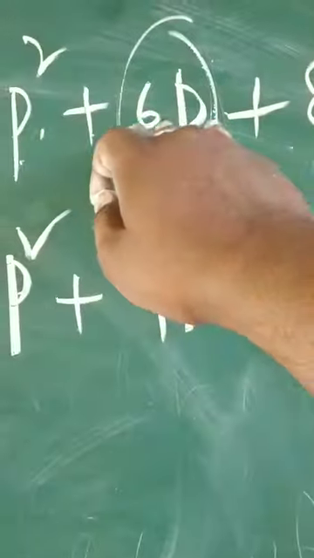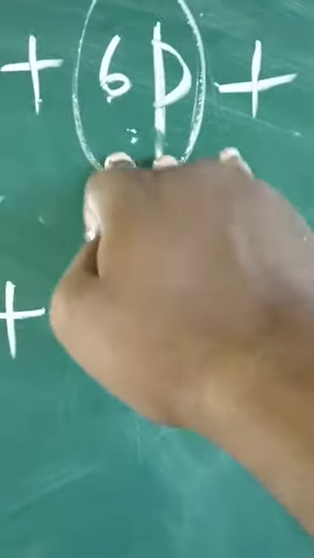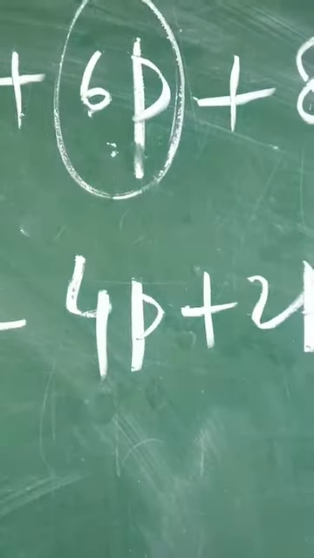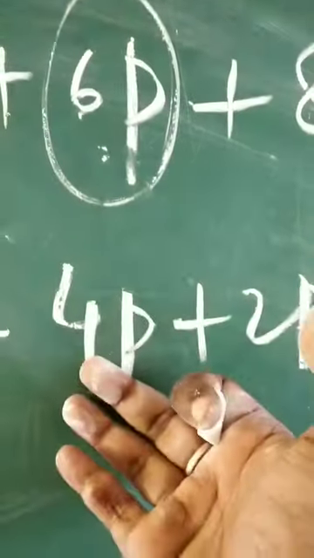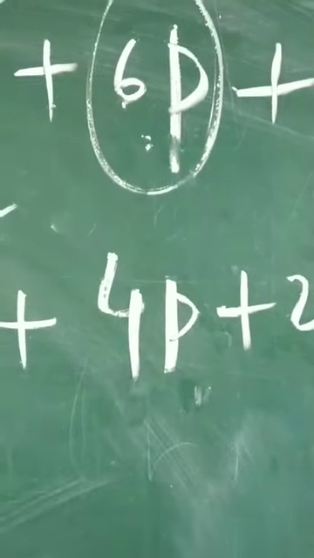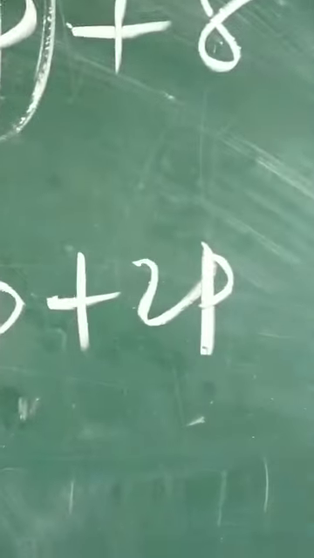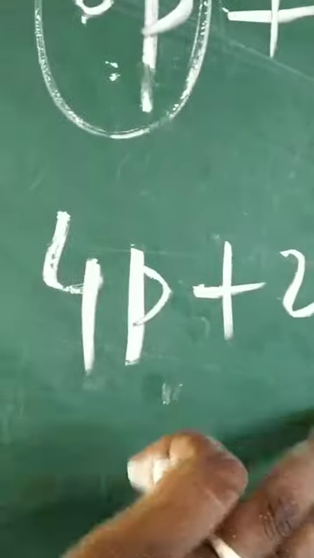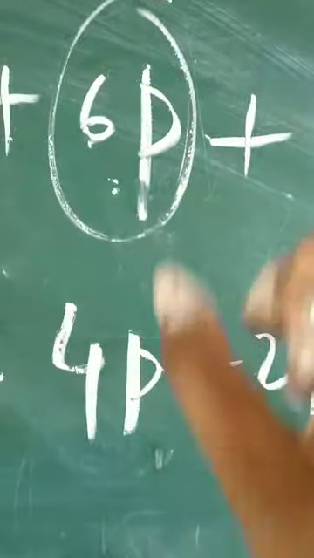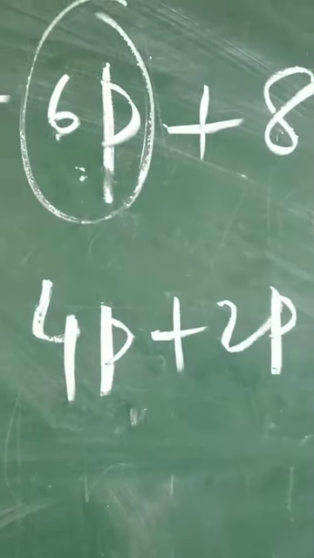I want to factorize 6p as 4p plus 2p, because 4p plus 2p results in 6p. That's why I have expanded it. Now the question comes that, sir, why can we not write 5p plus 1p, or we could have written 9p minus 3p. Yes, we can. But we will use a technique so that it can be factorized. So 4p plus 2p is the best choice of values to take in order to factorize 6p.